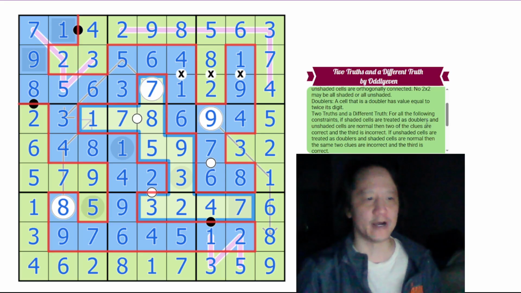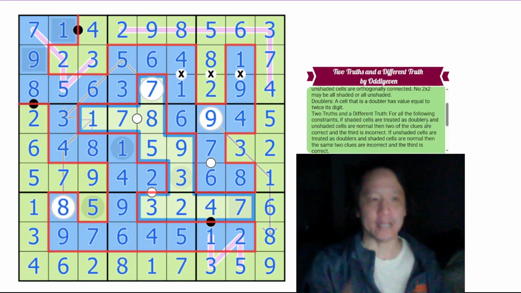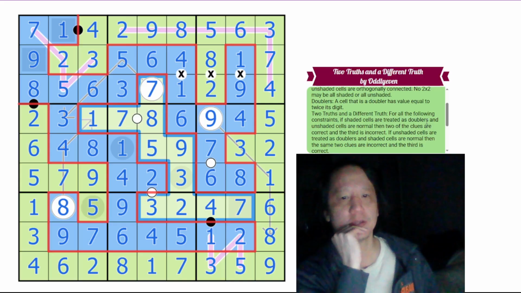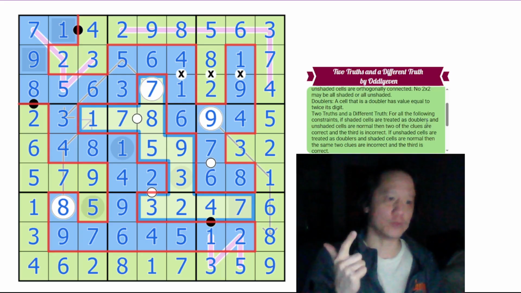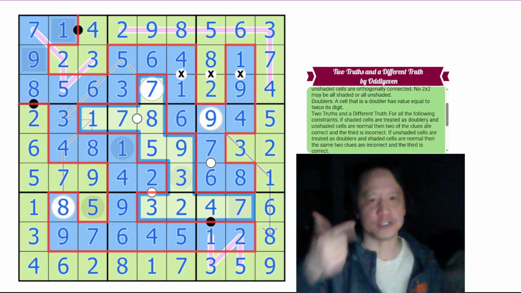Because "if" implies that it could be treated as doublers or it could not be, right? That's the implication. It should be treated as a doubler and also not treated as a doubler, but only in those situations, right?